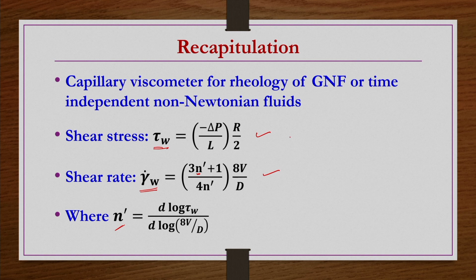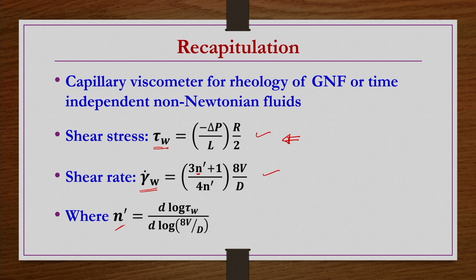Further, if you wanted to know the shear stress of the unknown fluid that has been tested using the capillary viscometer, it can be obtained if you know the pressure drop that has been applied to get a certain flow rate. If you know the pressure drop, you can easily calculate the wall shear stress.